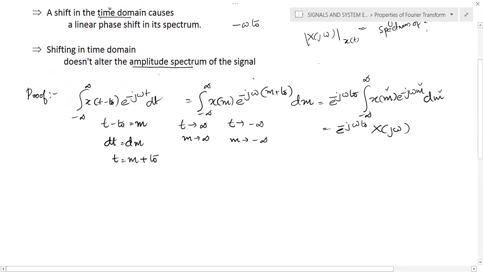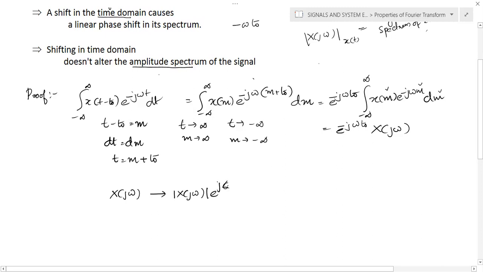Now I can explain the amplitude, so how the amplitude spectrum is of the new signal. For example, the original signal is X of j omega, and this X of j omega I can write in terms of polar form, that is magnitude of X of j omega into e raised to j angle of X of j omega.